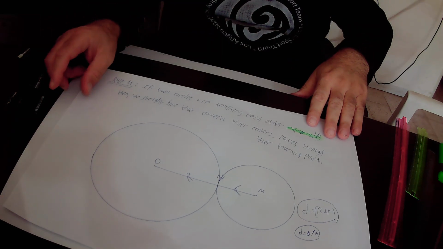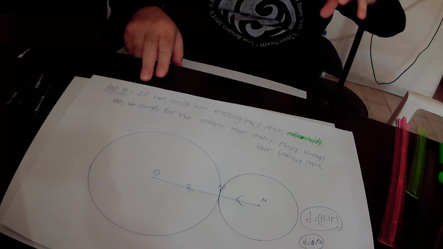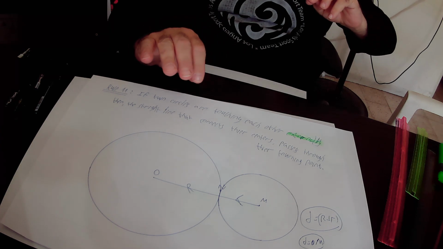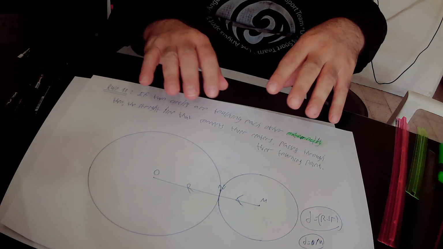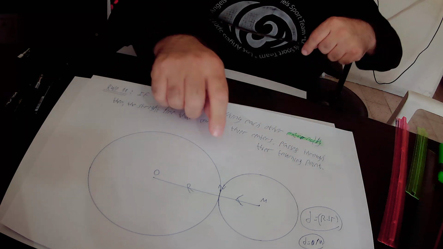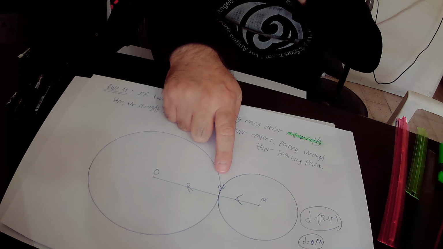According to rule number 11, if two circles are touching each other externally, the two circles are not one inside the other, but they are touching each other externally at point N. Point N is the touching point, or the point of tangency between them.